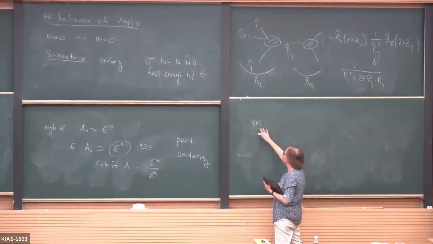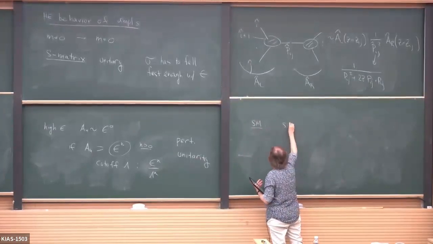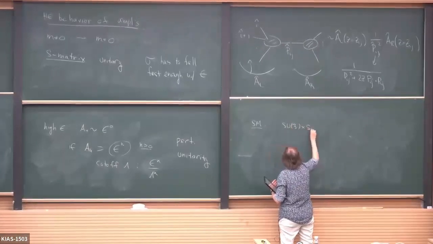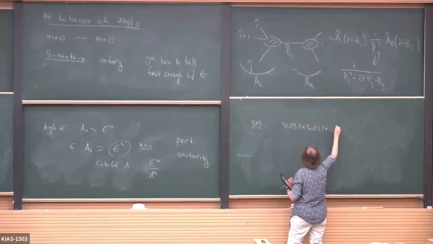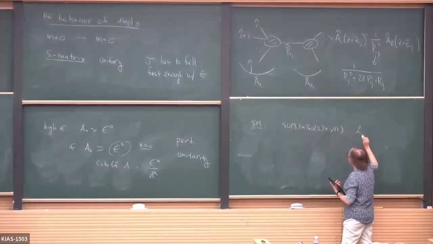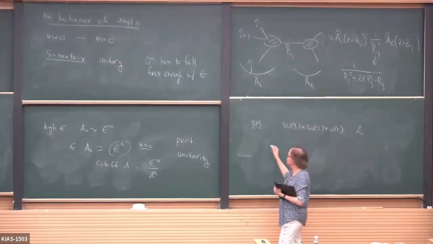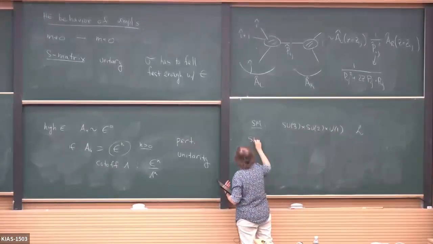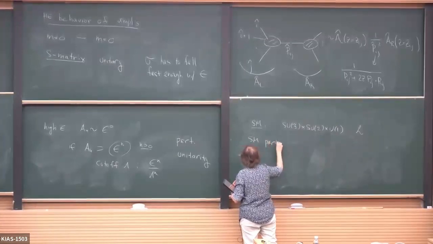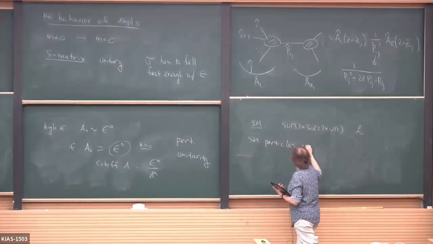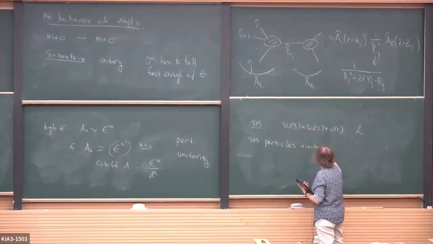Okay, so usually what we mean by the standard model is the SU3 times SU2 times U1 Lagrangian. But let's suppose that I'm taking just the standard model particles and their interactions.